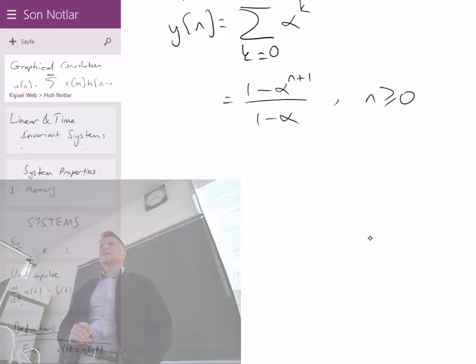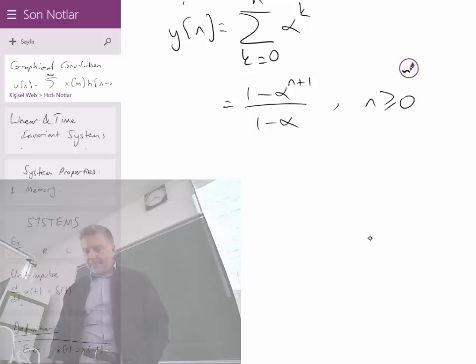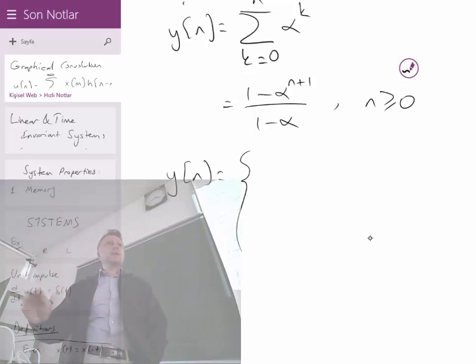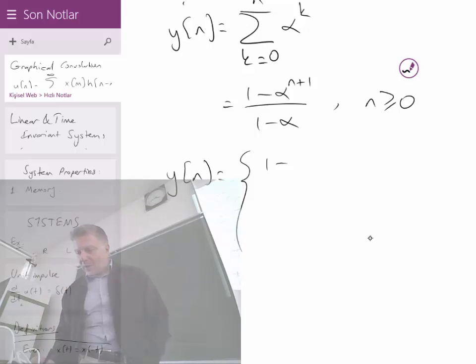So the student who is able to give me this answer, or the other answer that I will write, will get 10 points out of 10. It's equal to 1 minus alpha to the n plus 1 over 1 minus alpha when n is greater than or equal to 0, and 0 else.